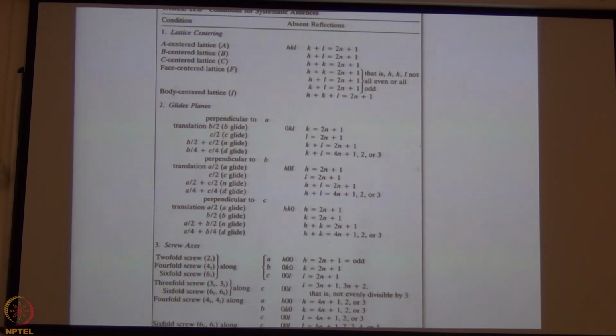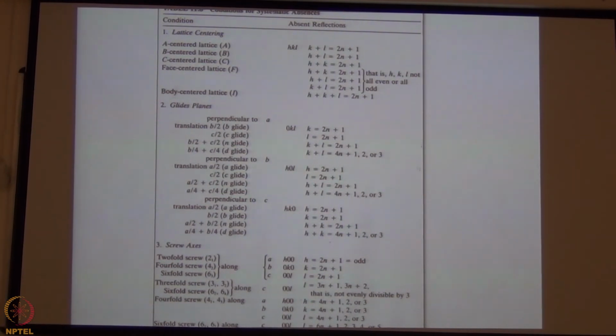Because here in the mirror case, XYZ mirror perpendicular to B makes it X Y bar Z. Y becomes Y bar. So that we say that it is H0L. Similarly, the ones which change sign, we make those indices 0 because those are not valid.